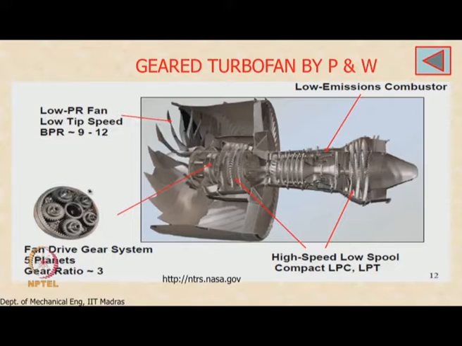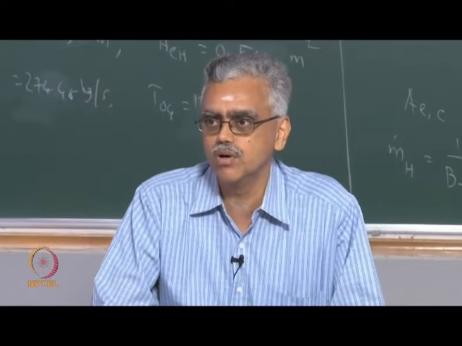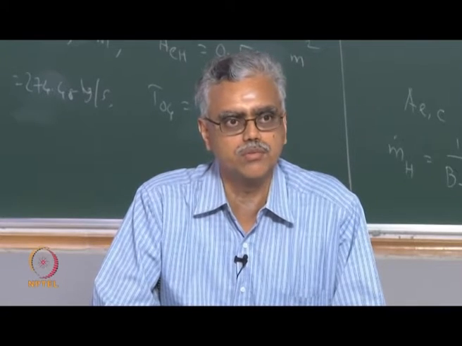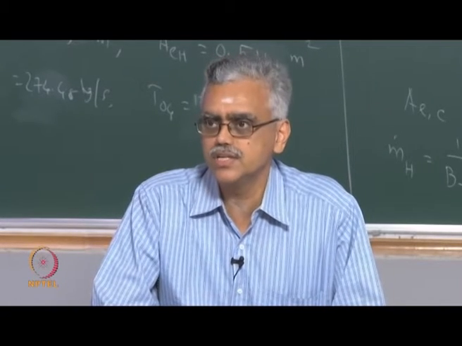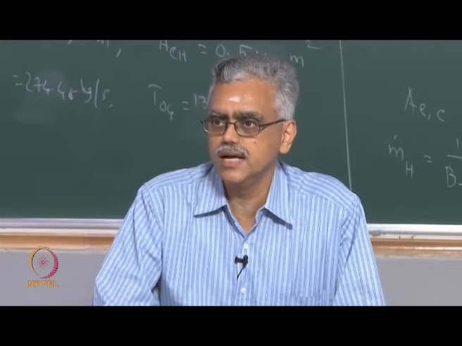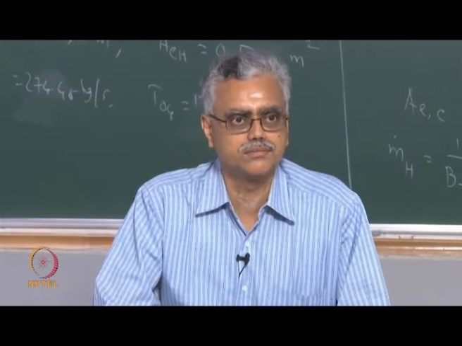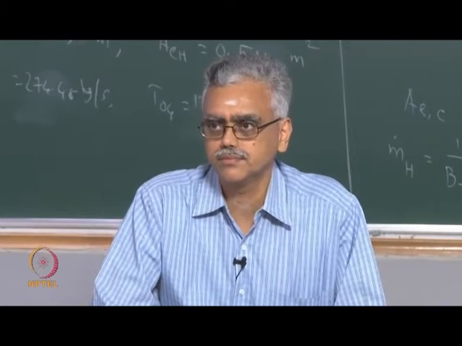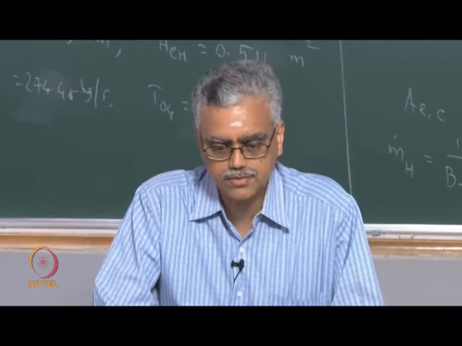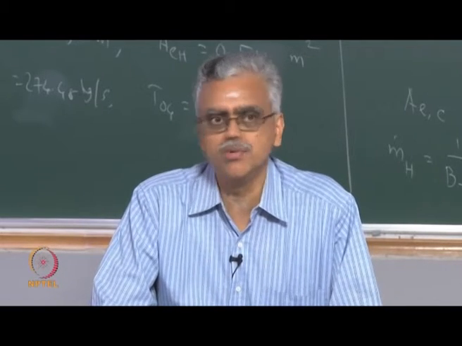So to design a gearbox which can transmit this power, be lightweight, should not add significantly to the weight, and also produce much less mechanical noise. Remember, if you are going to add a gearbox, mechanical noise is a major problem. So this is a major challenge in terms of tribology and gear design and strength and lightweight. This is a challenge which Pratt & Whitney presumably has overcome.